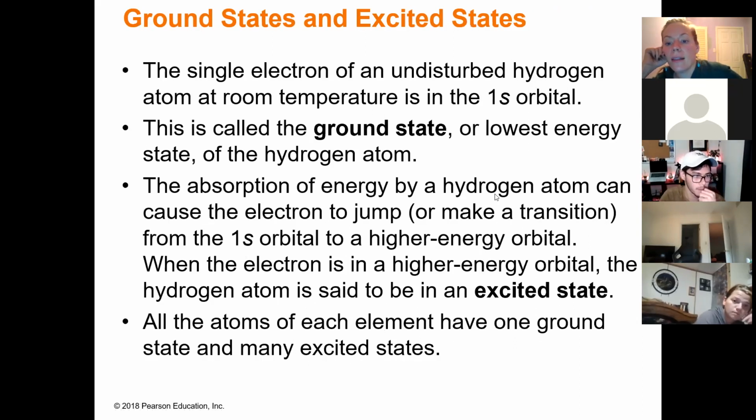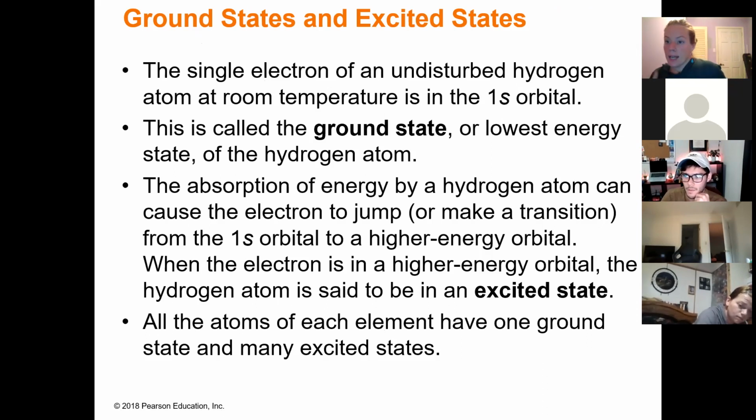So the single electron in an undisturbed hydrogen atom, because remember hydrogen has 1 proton and 1 electron, will sit in the lowest energy orbital, which is the 1s. That's the orbital closest to the nucleus. This is called its ground state. So when you hear me say the ground state, it means all the electrons are in their lowest energy position.